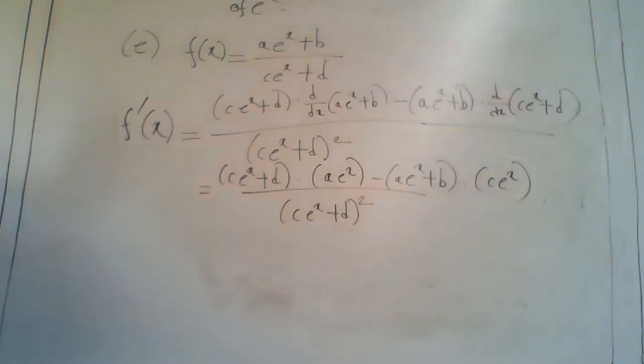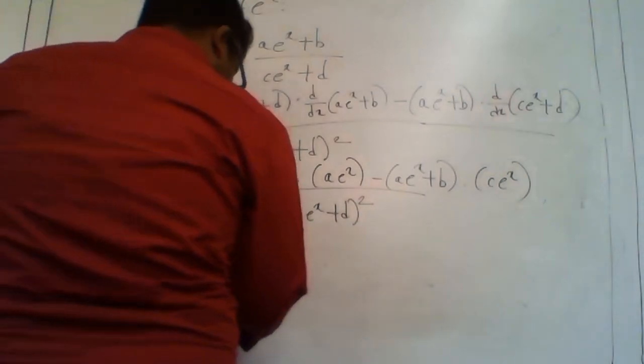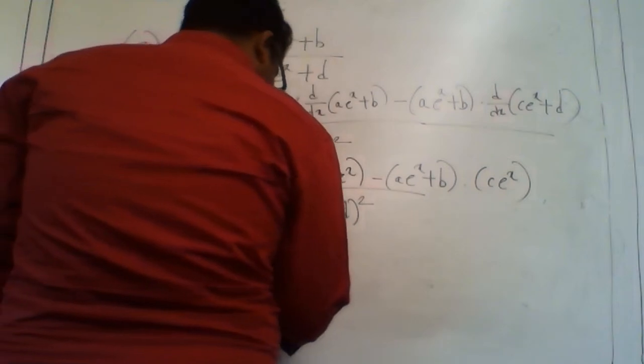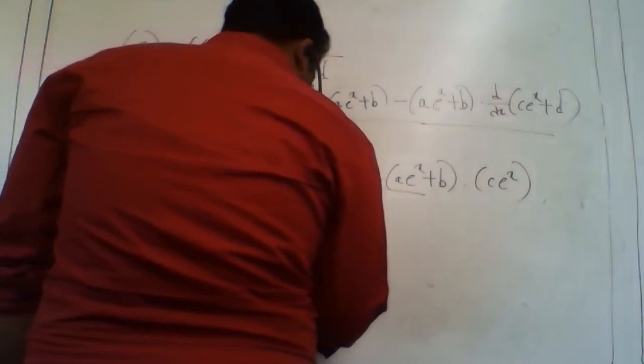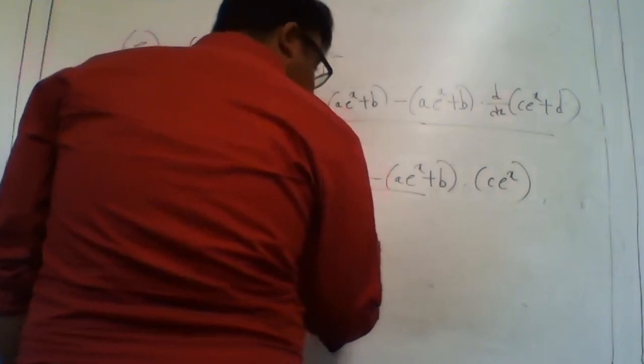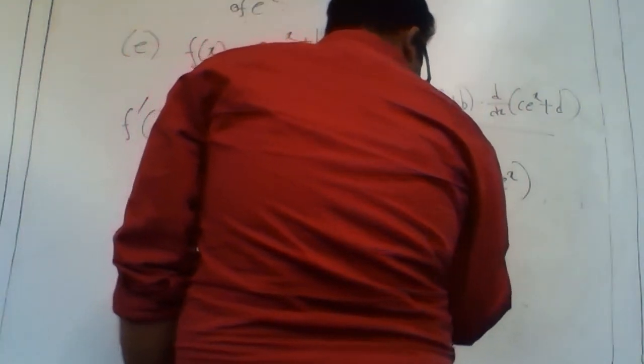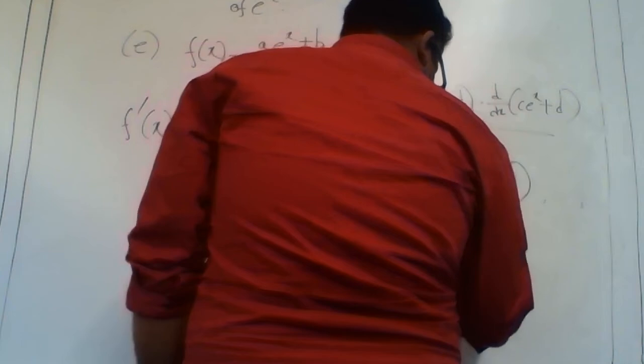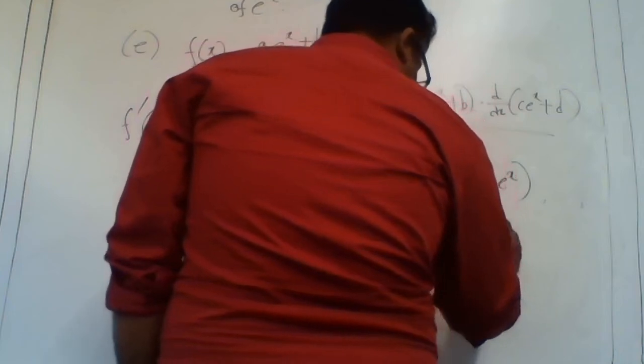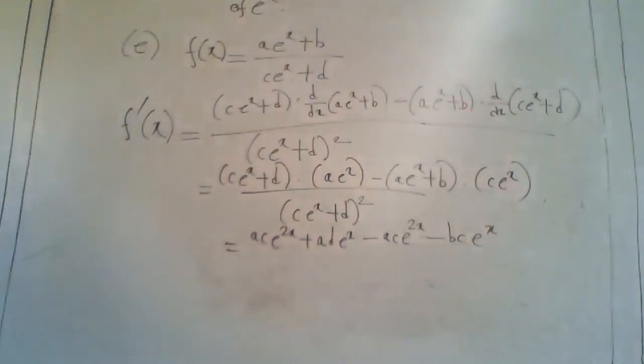Now if you simplify this, you get ac e to the power 2x plus ad e to the power x minus ac e to the power 2x minus bc e to the power x. Right?